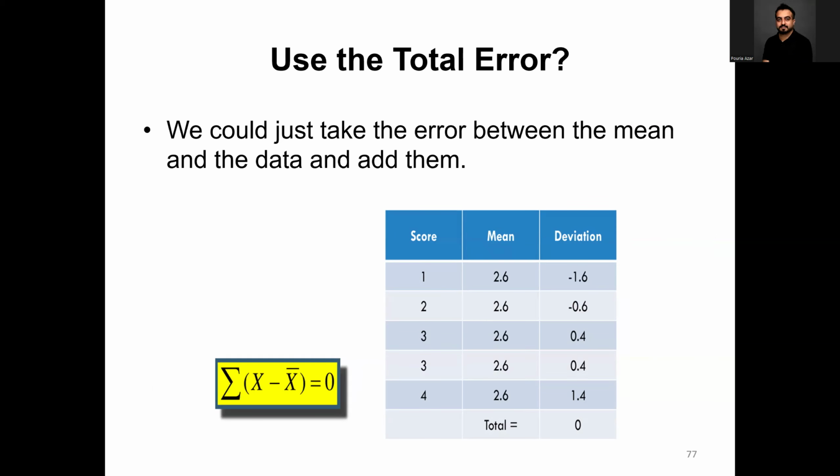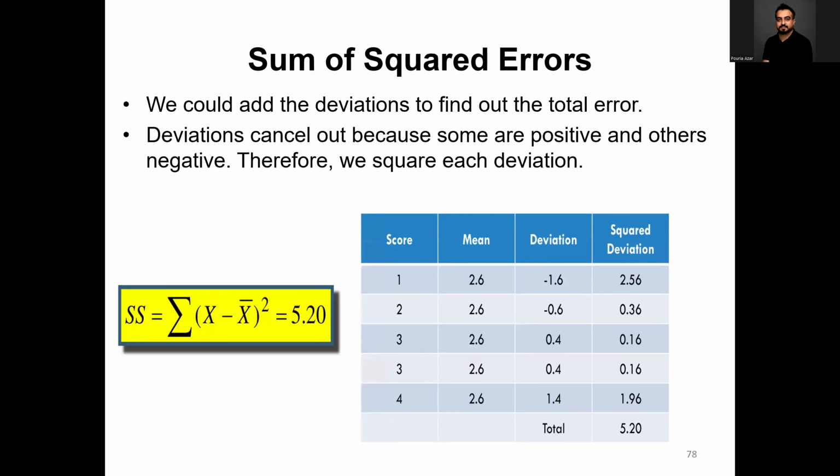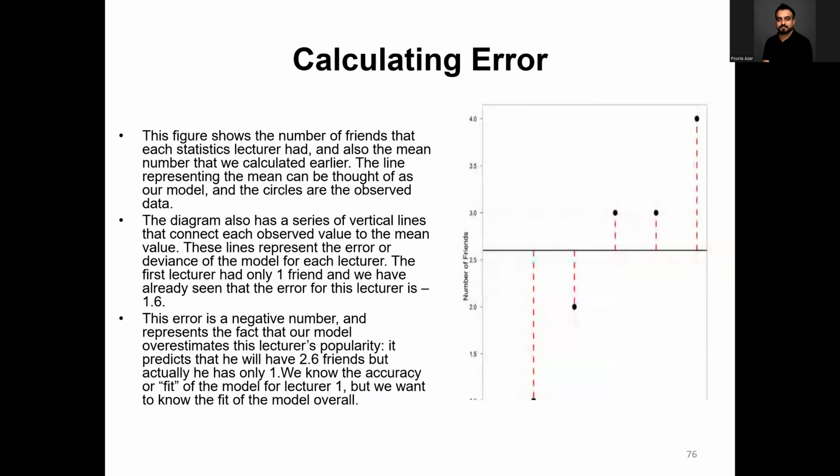We can calculate the total error, but remember, total error always equals zero because deviations cancel out, because some are positive and others are negative. So any data points above the mean are positive, any data points below the mean are negative.